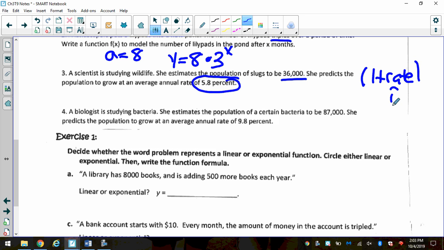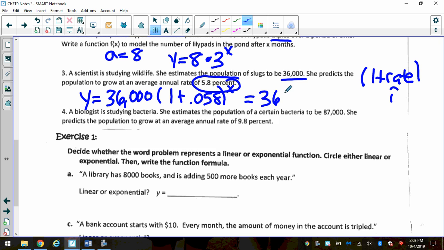So make sure that you write that as a decimal, not as 5.8. What it's going to look like is going to be y equals 36,000 times 1 plus 0.058 to the x. And we would simplify that just by adding those together. I just wanted to show you what it would look like separate at first. We put 1.058 to the x.